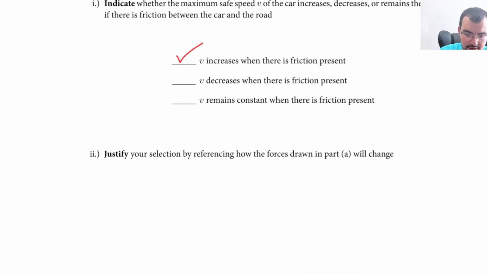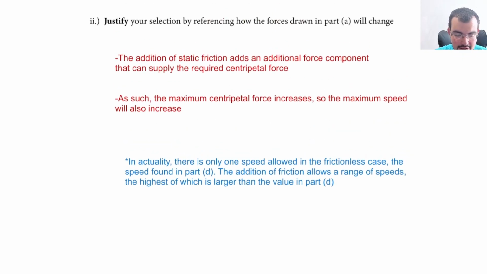So v increases when there's friction present, because the addition of static friction adds an additional force component that can supply the required centripetal force. Thus, we can supply a bigger centripetal force and therefore have a bigger speed. And here I just talk about this fact that there's only one speed you could go in the frictionless case, but we already covered that.